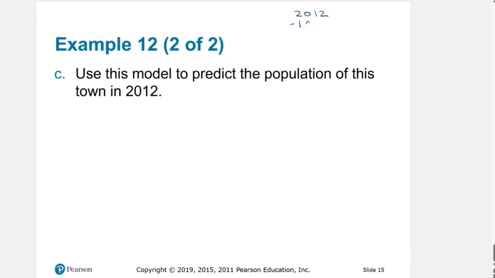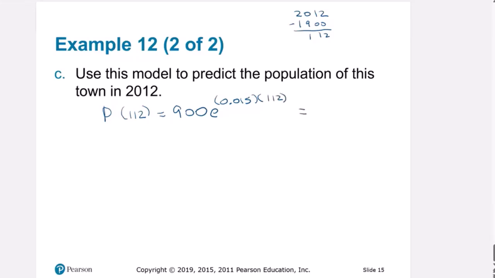Use this model to predict the population of the town in 2012. I have to subtract 1,900 because that's where I started, and I get 112 years later. P of 112 is equal to 900 times e to the 0.015 times 112.